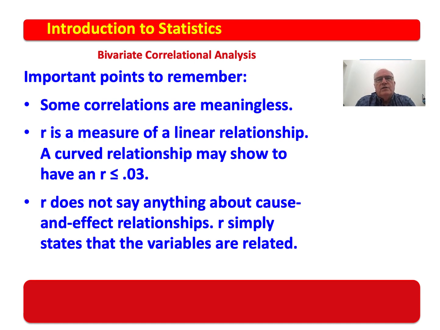r is a measure of a linear relationship. That means they're traveling in a line, and you will understand more about that as we get into the next section. And a curved relationship may or may not show up effectively. r does not say anything about cause and effect.